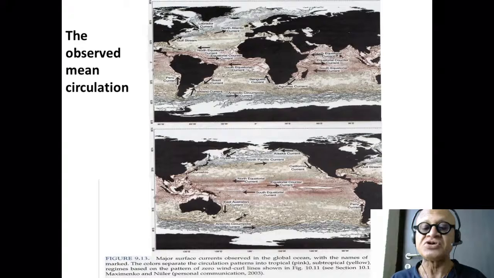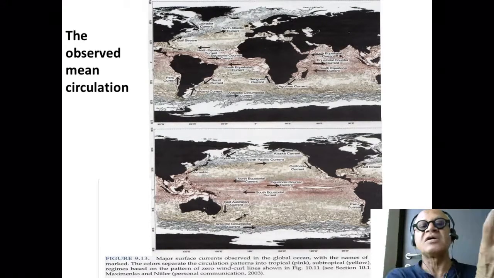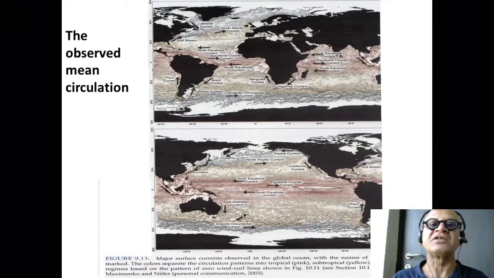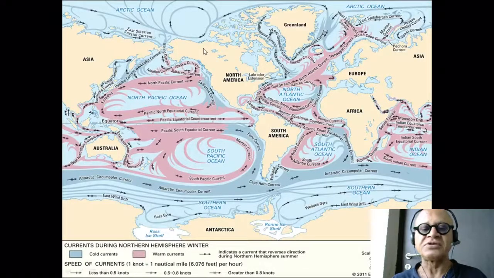For years and years, Peter Niiler used to release these drifters, which are basically like a ball with a drogue below, which follow the current, and they have a beacon that transmits data to the satellite and so on. So you will see some general features which are much better visible here. This is from Encyclopedia Britannica. You will find many such figures on the internet.